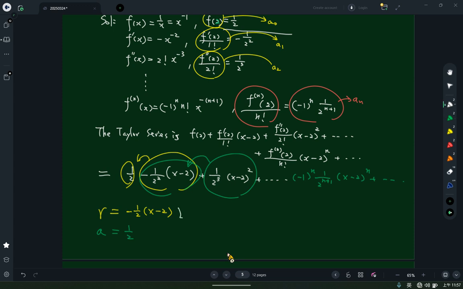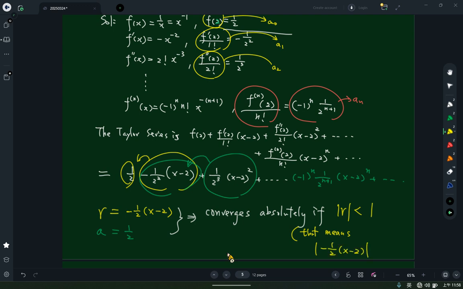So in this case, it will converge absolutely if the absolute value of R is less than 1. That means the absolute value of 1/2 times x minus 2 should be less than 1.